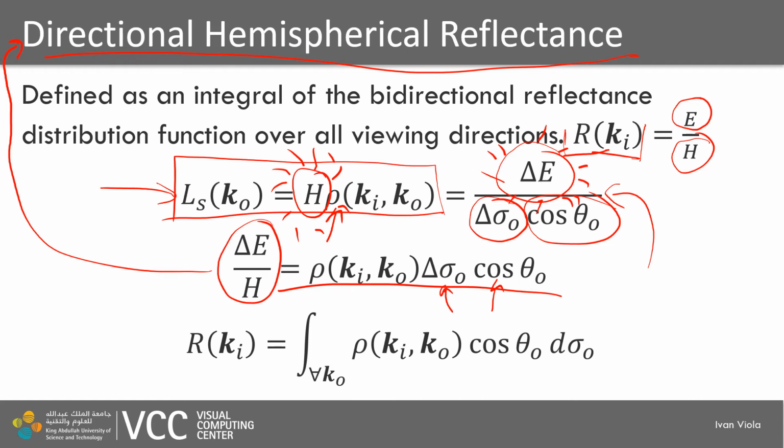If we are interested in all outgoing directions, then we obtain the directional hemispherical reflectance through the integral over all outgoing directions, vectors KO, or the parametrization of the sphere through theta outgoing and phi outgoing.